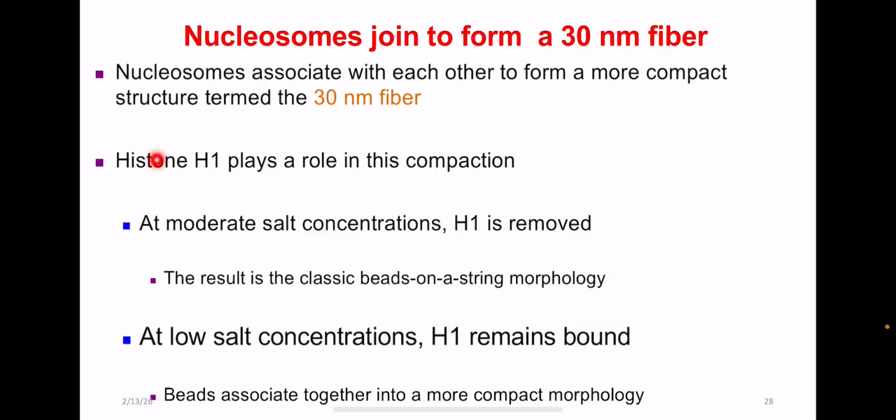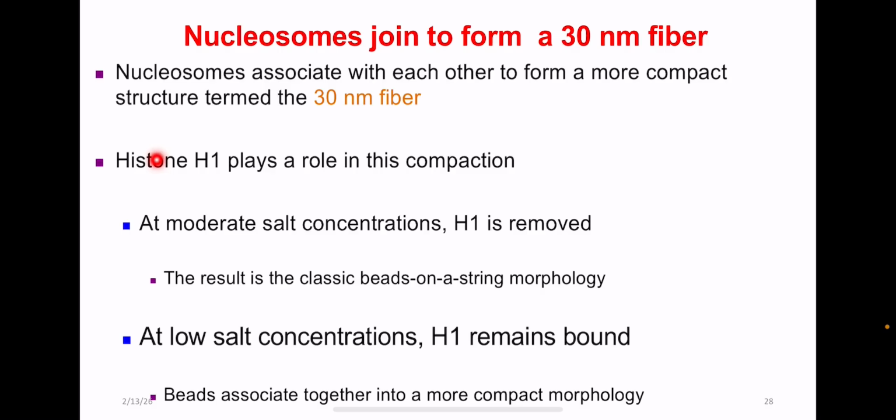And the second one, which is further folding from the 10 or 11 nanometer into a 30 nanometer fiber, will fold it another 7-fold. So by the end of the second round, you would have folded the DNA almost 50 times. 7 times 7 is 49, so that's almost 50 times.